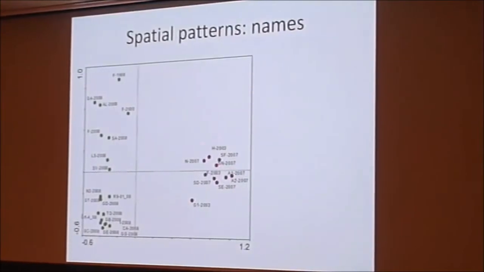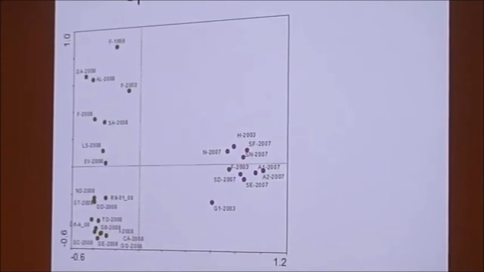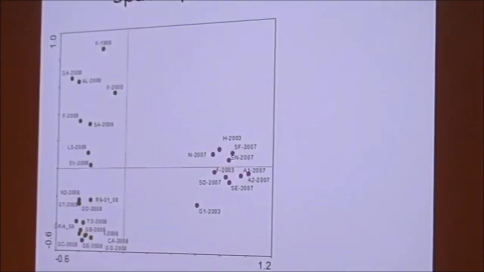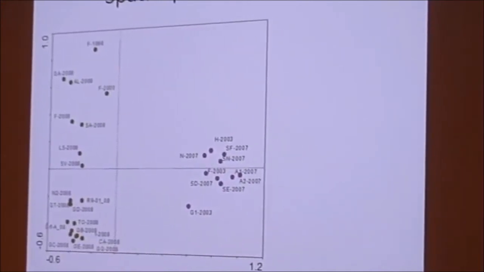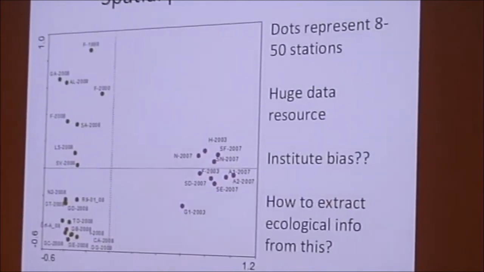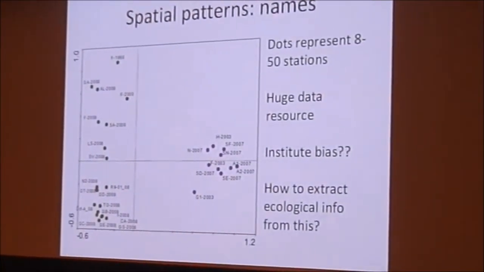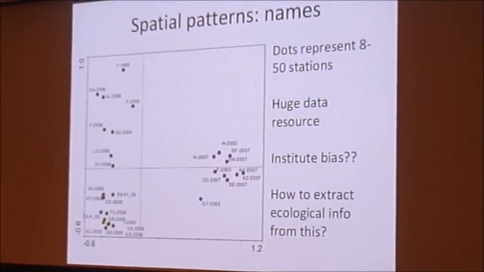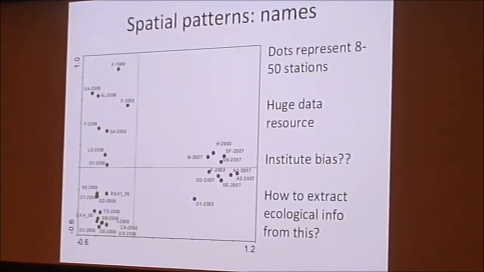The purple dots are one consultancy company who produced this data, and the green dots are another. I've used the last sampling event, the last time that a particular field was visited. Each dot represents a field of maybe between 8 and 50 stations, and each station has 5 sample replicates. So this is a lot of data. I just tried to simplify it for this presentation.